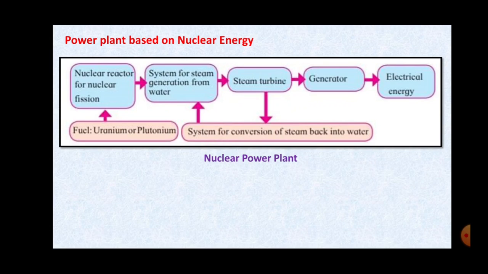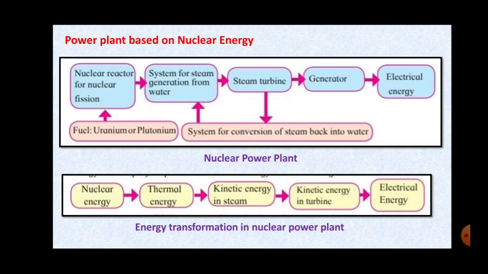Here the fuel used is uranium or plutonium. Right? Then again the steam which rotates the turbine is condensed, and this is again sent to convert into steam. Right? This is same in both. Here also steam is allowed to condense, and then it turns into water, and then again water is sent to the previous step.